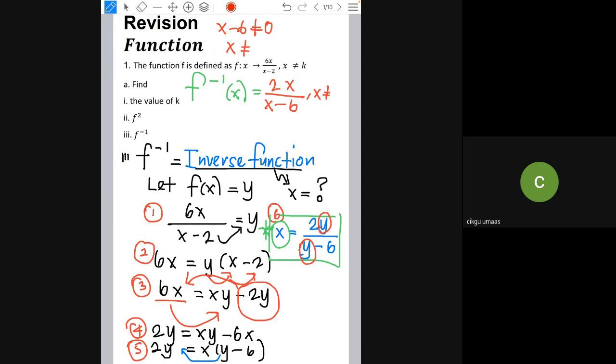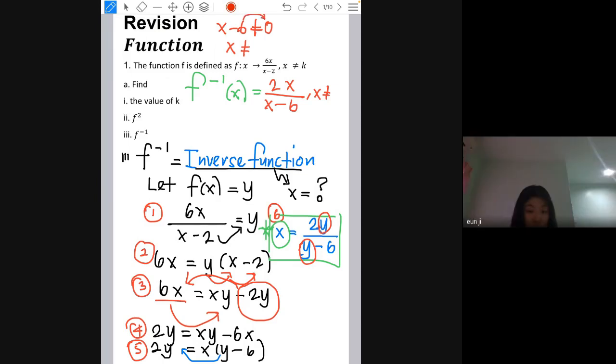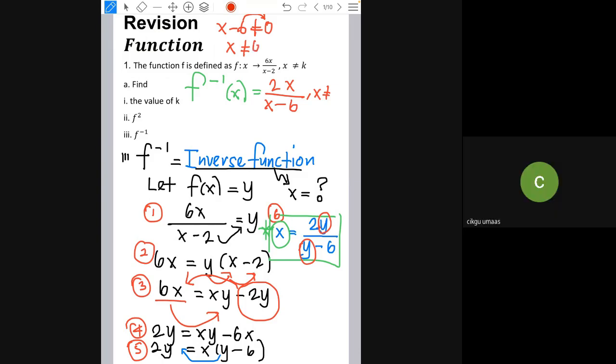When you move the 6 to the other side, what happens, Yunji? 6. Whenever there's an x at the bottom, this thing must be present. Any problem? Ziheng, okay? Okay, good.